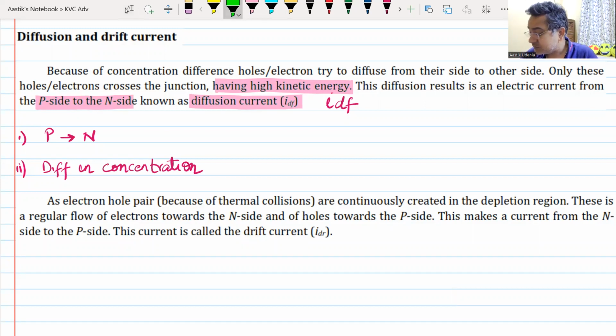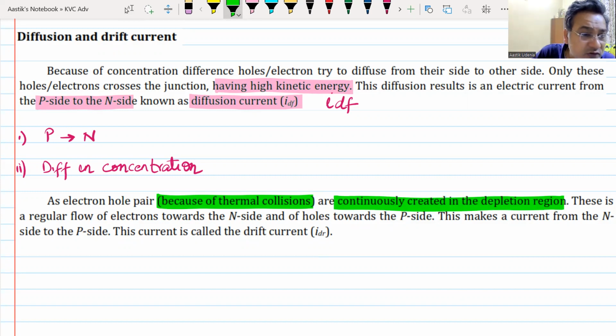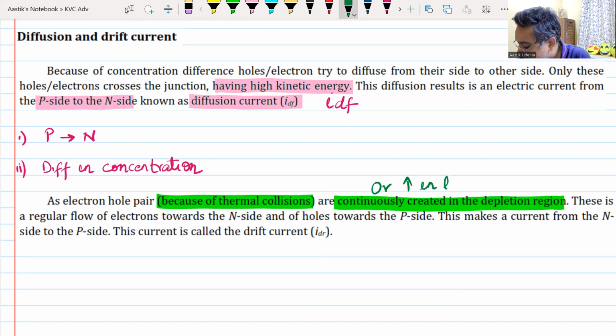Now, the next thing, thermal collisions or thermal energy. These electron and hole pairs are continuously created because of this thermal energy, because of thermal collision or increase in temperature. You can also add rise in temperature. There is always electron hole pair created.